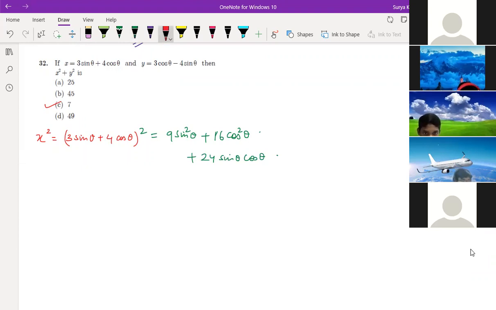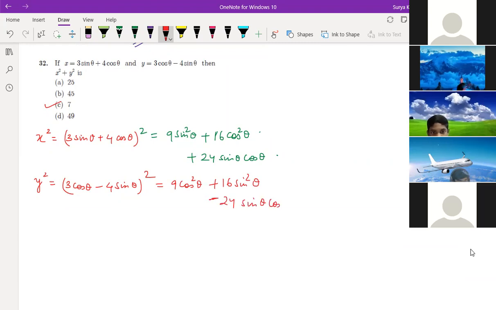And now y square, if you're finding here, y square is equal to (3 cos theta minus 4 sin theta) whole square. Okay. So what do you get here? 9 cos square theta plus 16 sin square theta, and minus 24 sin theta cos theta.